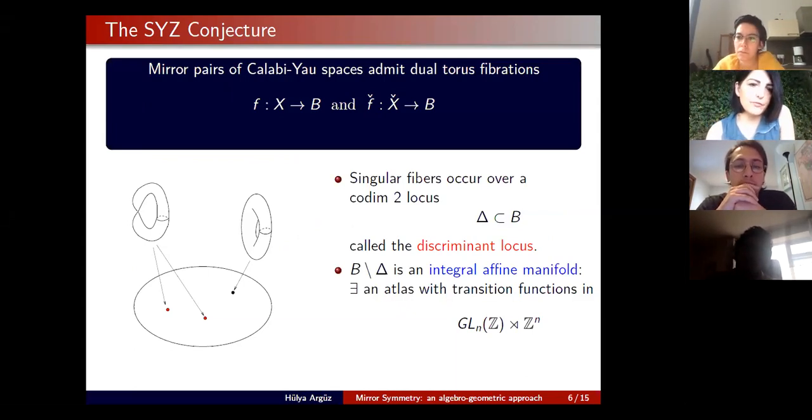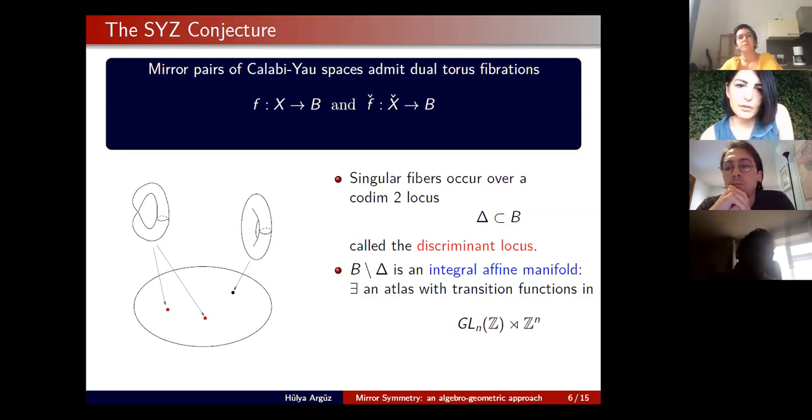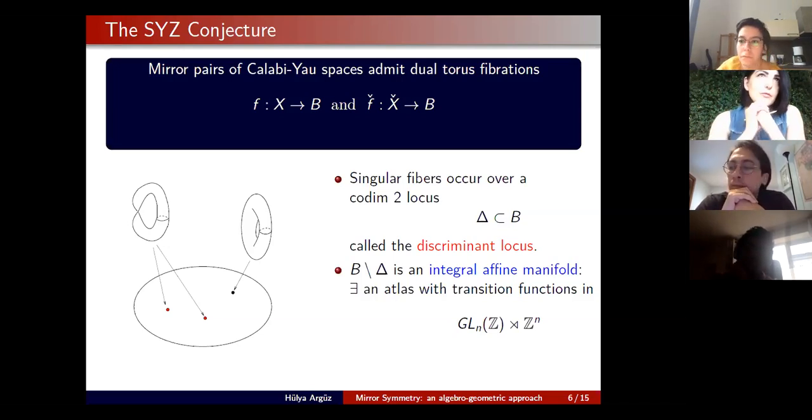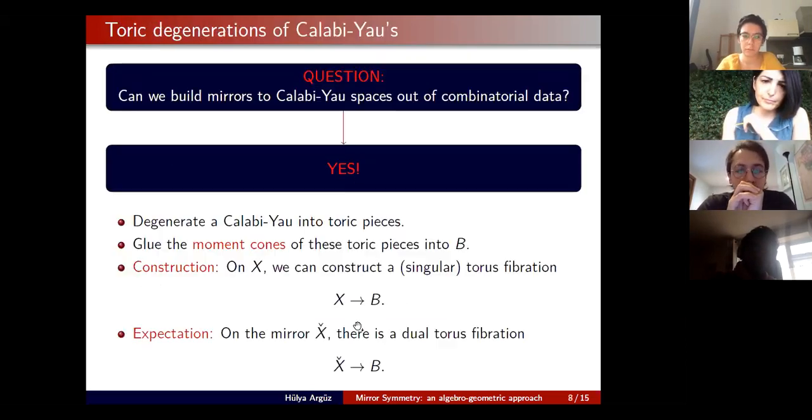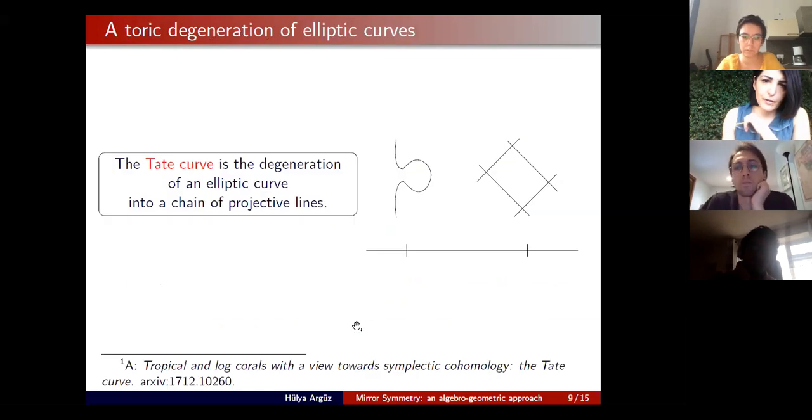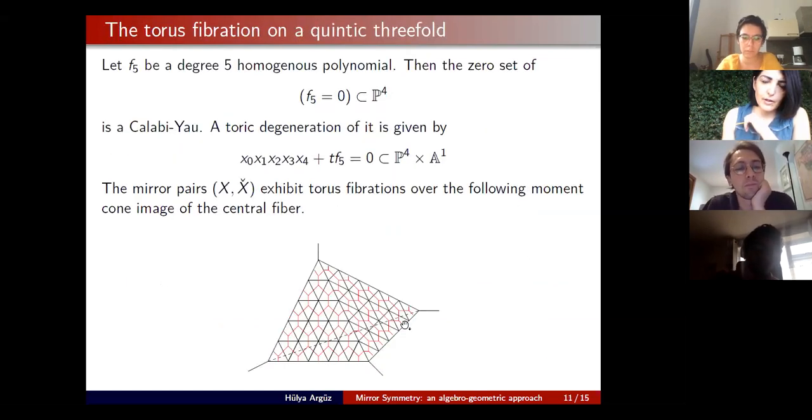That's a good question. Could there be a codimension 3 example in the discriminant locus?